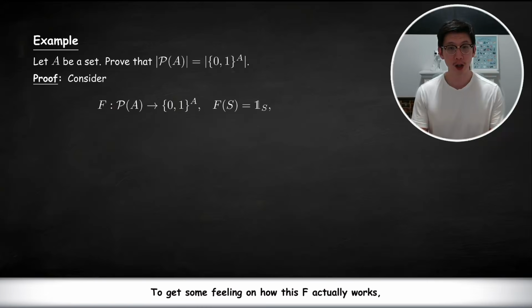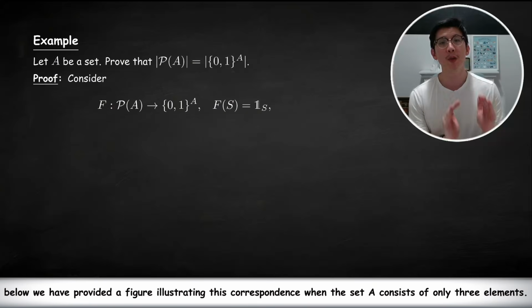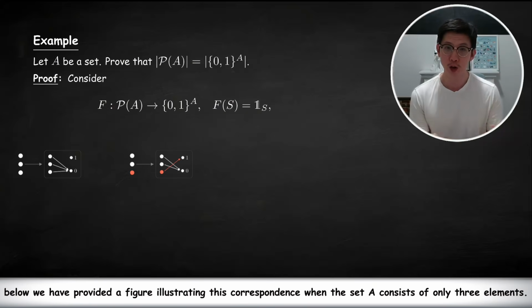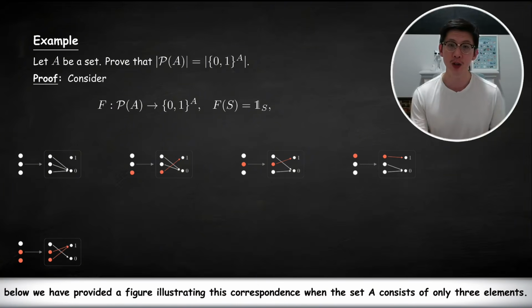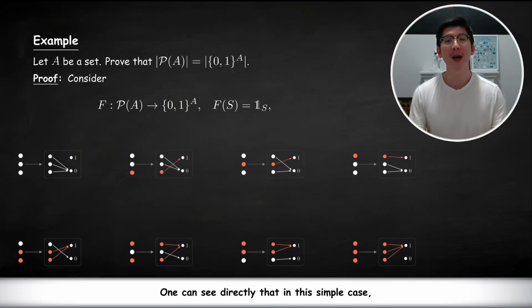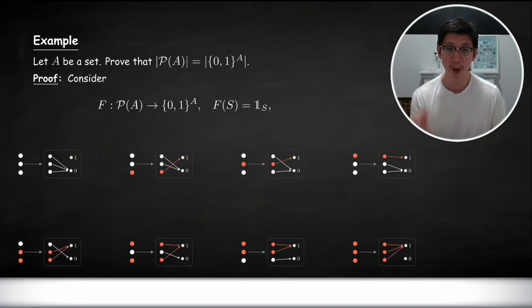To get some feeling on how this f actually works, below we have provided a figure illustrating this correspondence when the set A consists of only 3 elements. One can see directly that in this simple case, our function f is indeed a bijection.